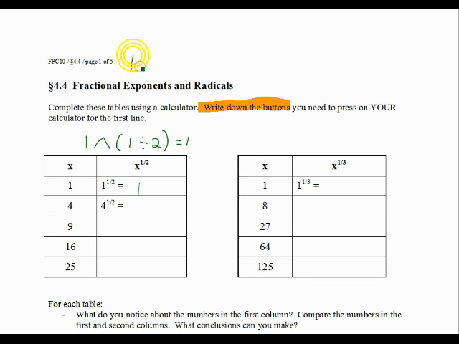If I did 1 to the power of 1 divided by 2, that will actually give me 0.5, because what the calculator is going to do is it's going to do 1 to the power of 1, which is 1, then it's going to divide that by 2. All right, and we need it to be doing to the power of the 1/2.